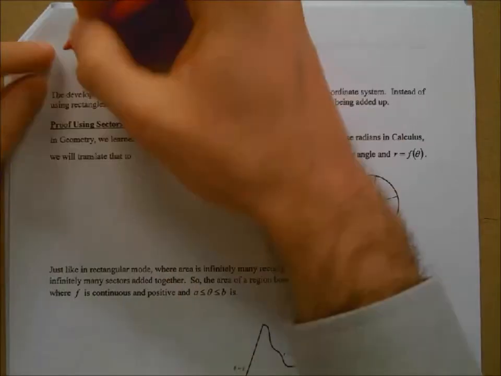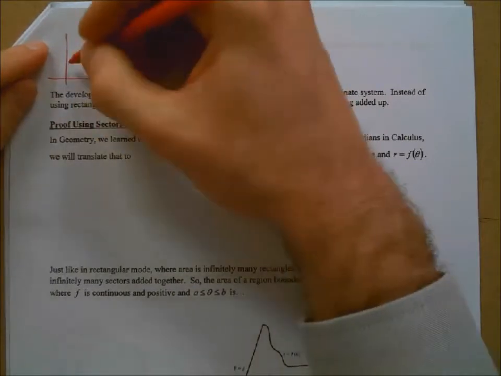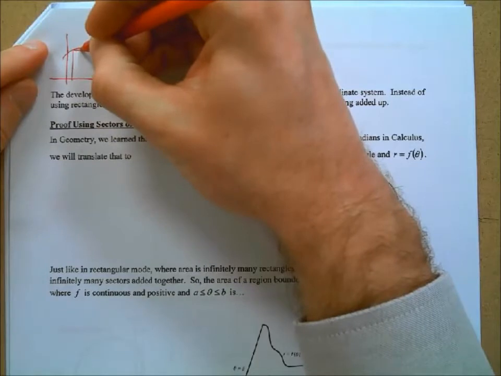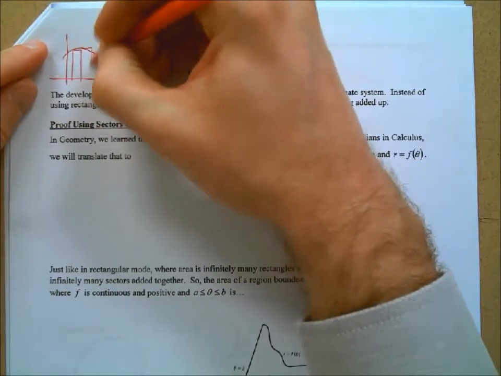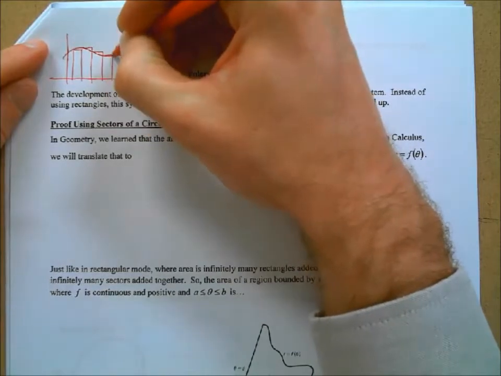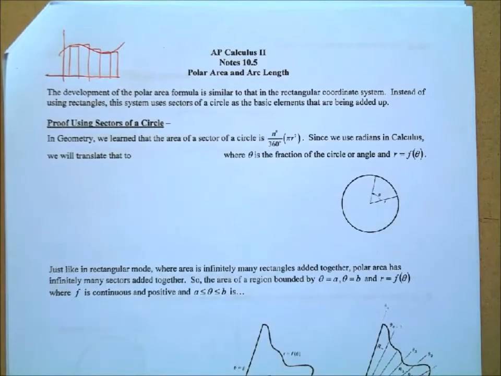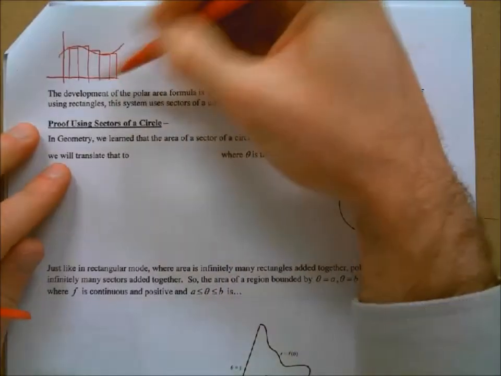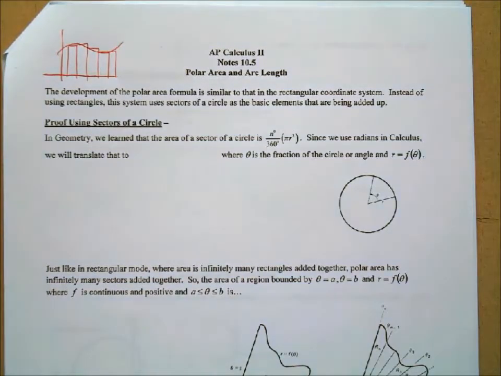In the rectangular system, if we have a curve, we would have some rectangles that we would add up these areas here, left to right, because that's how we orient ourselves with rectangular coordinates. We move left, right, up, and down. The left-right tells us the width of our rectangles, and the up-down would be the height. The function tells us the height.